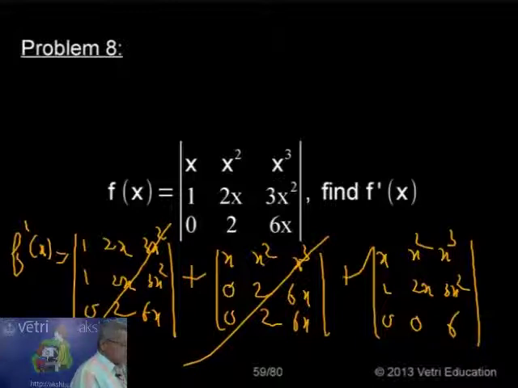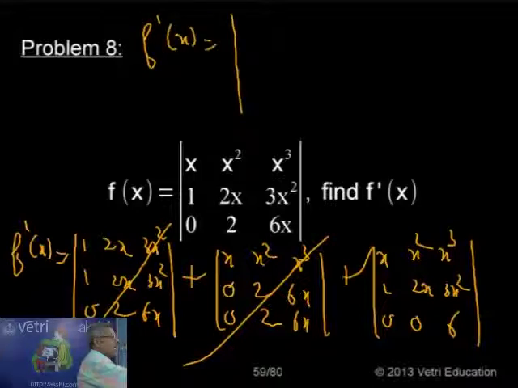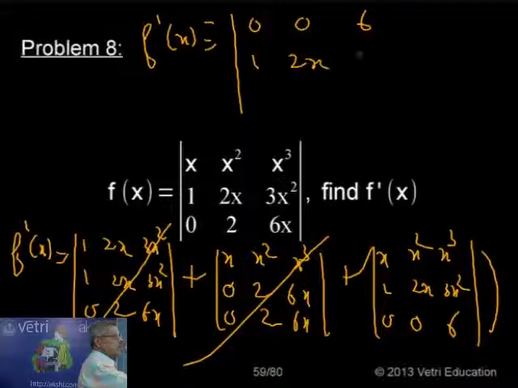You can expand using any row or any column. So, f dash x is nothing but, for understanding, I am interchanging the first row and the third row. You get one negative sign out. 0, 0, 6, 1, 2x, 3x square, x square, x cube.